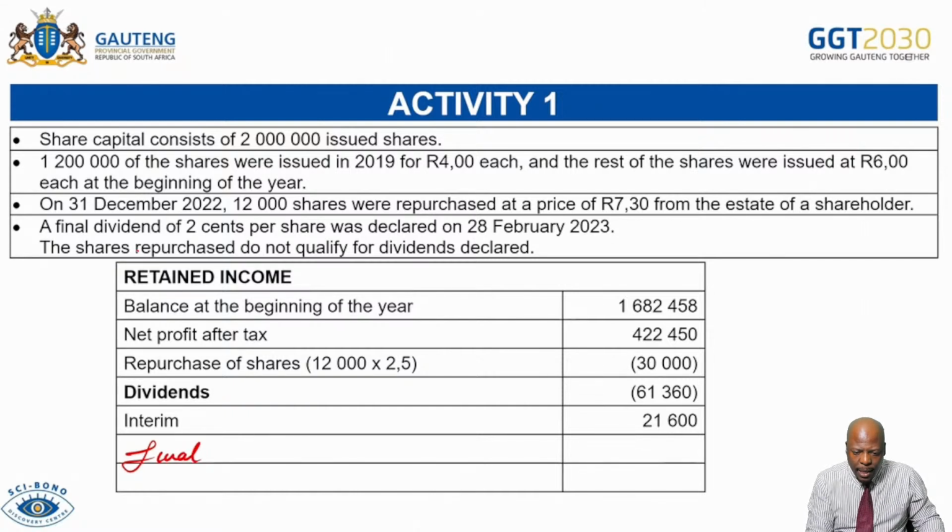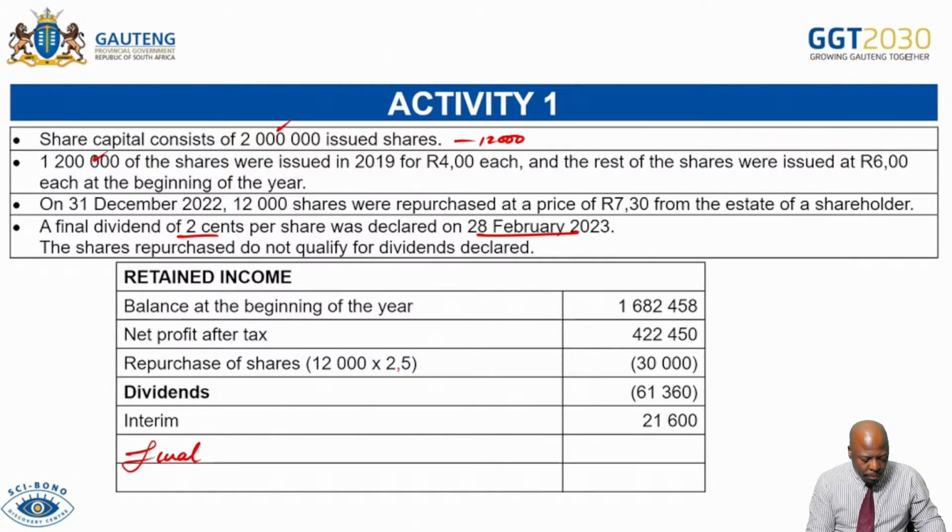How many shares? They said a final dividend of 2 cents per share was declared on 28 February. The shares repurchased do not qualify. So the share capital consists of 2 million. We had issued 2 million, that is the 1.2 million and the 800,000. And then we subtract the 12,000 that were repurchased. That would then give me my number of shares for my final dividend.